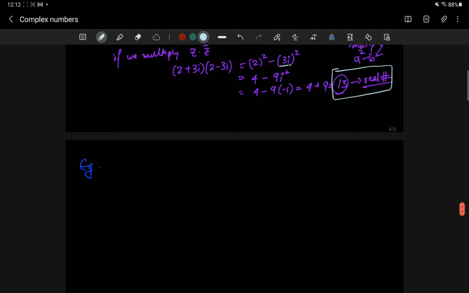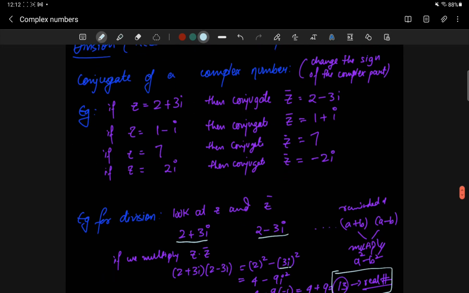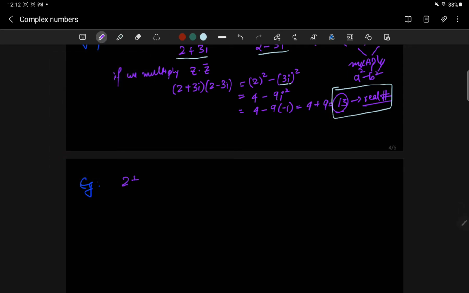So let's look at a division problem. Say 2 plus 3i over 1 plus 2i. So the goal is that we should be able to write this as some number plus i times some number. That's the goal.